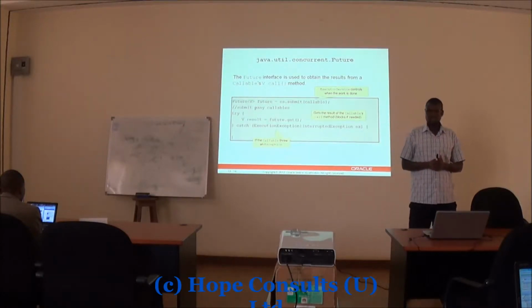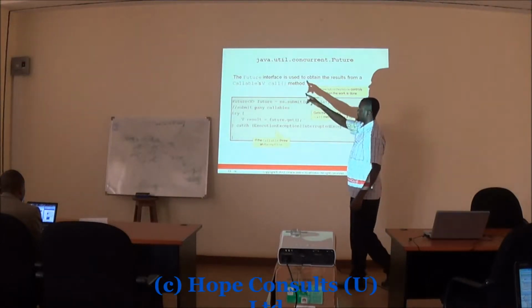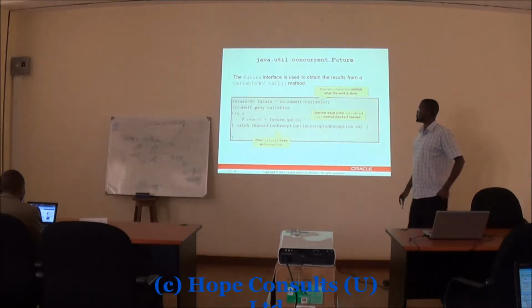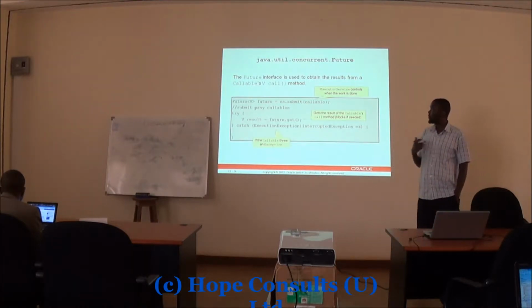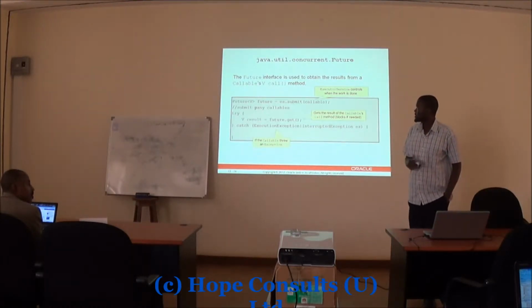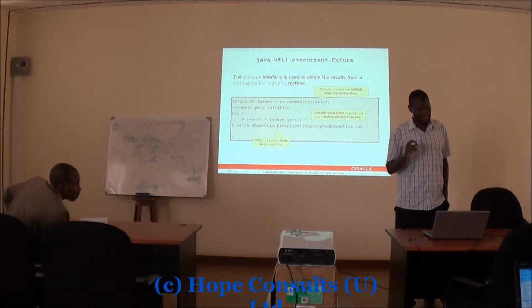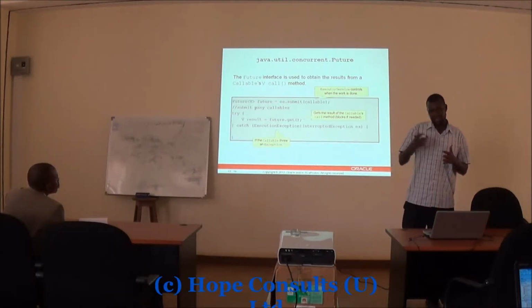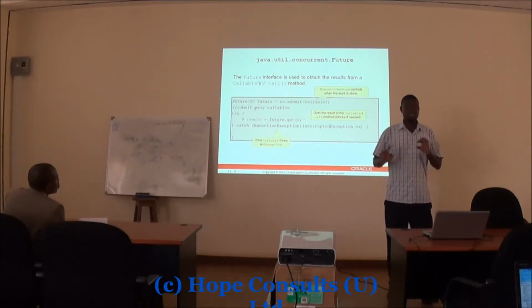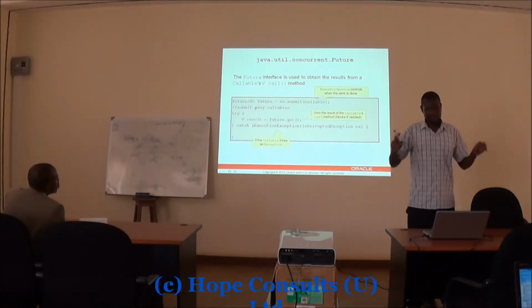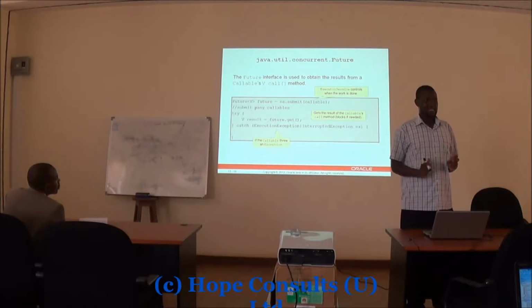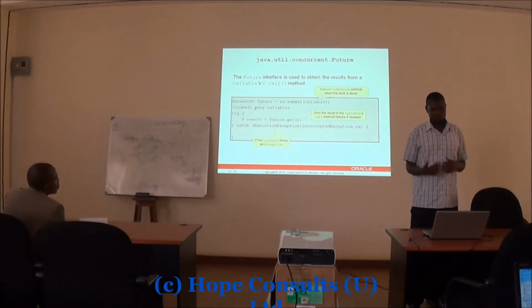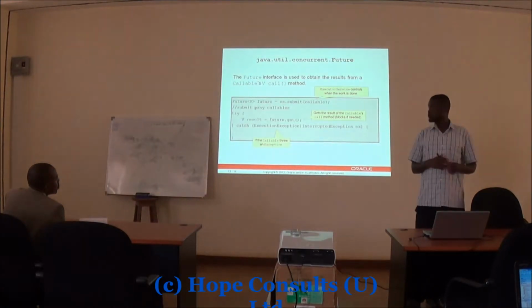The Future interface is used to obtain the result from a Callable process. So if you submit an array which is divided into chunks and given to different threads, once that thread is done, where does it update? You have to provide that for your executors.